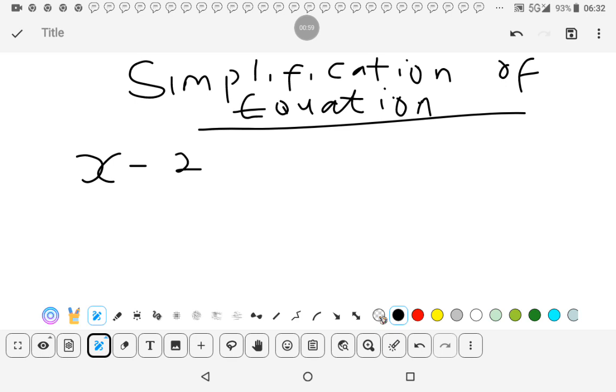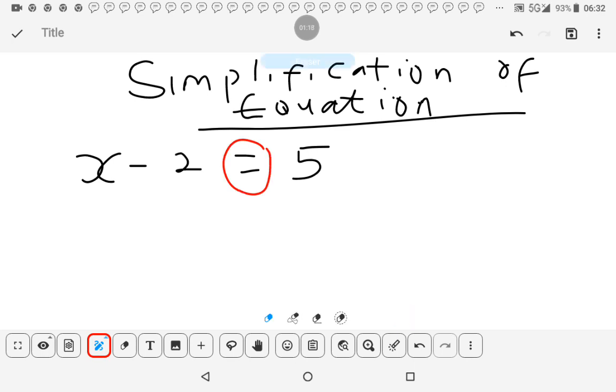It will be an equation when it is equal to a number. If I say x minus 2 equal to, let's say, 5, this is now an equation. x minus 2 is equal to 5. It is now an equation because there is an equality sign and it is a statement.